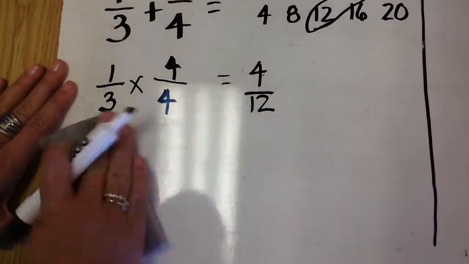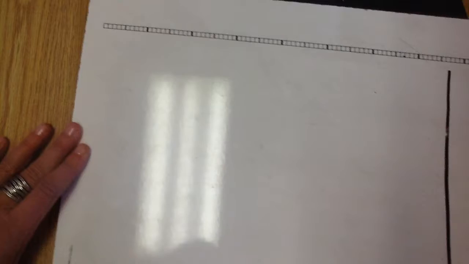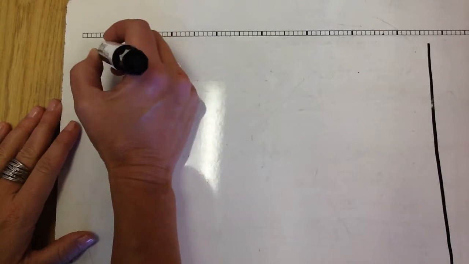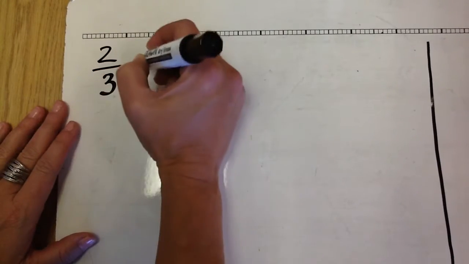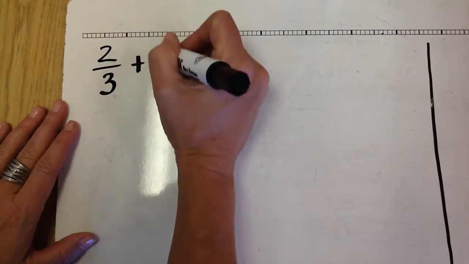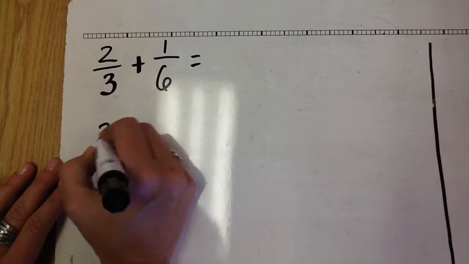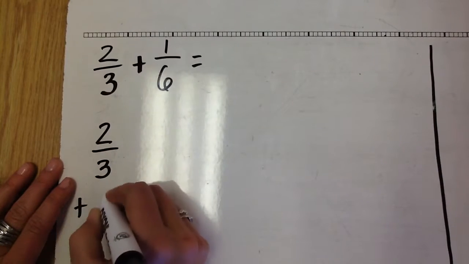So now that we've done one together, let's see if we can try one more to help you work through and think about those common denominators. So let's say that we have 2/3 plus 1/6. Okay, so I'm going to go ahead and rewrite this vertically.